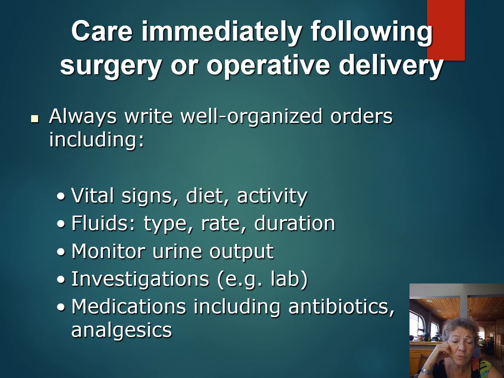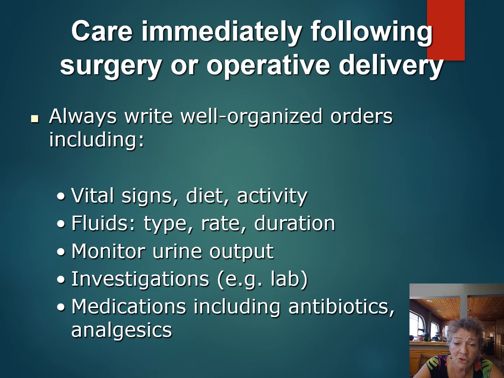Please always write well-organized orders that include the following things: vital signs, diet, activity, the IV fluid that you're giving her, the type, rate, and duration, and that you monitor urine output until a catheter comes out to make sure that it's adequate.